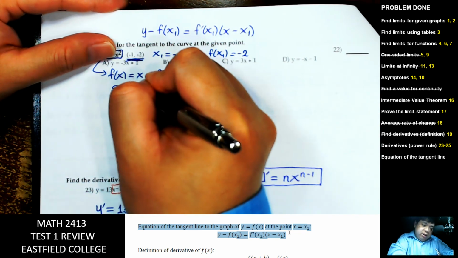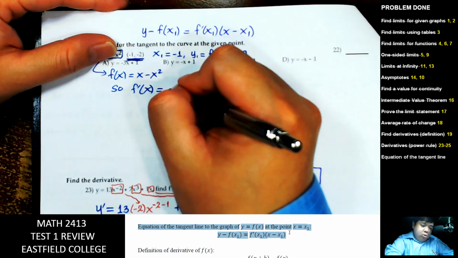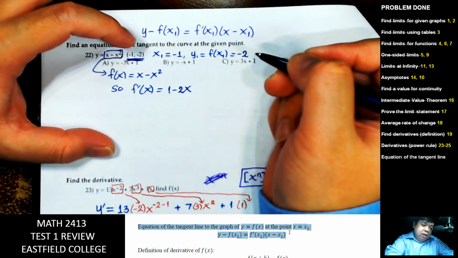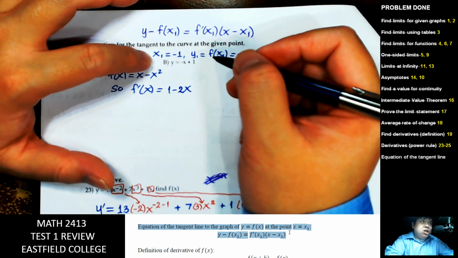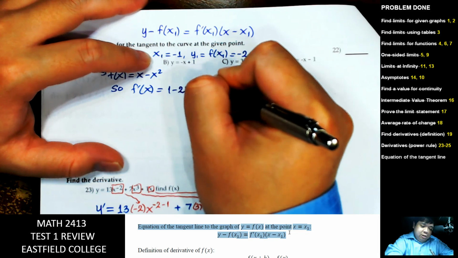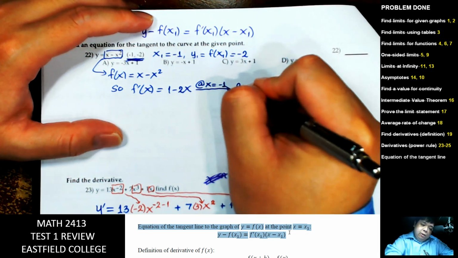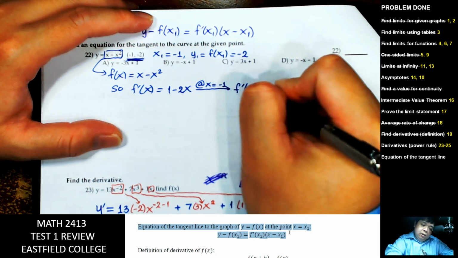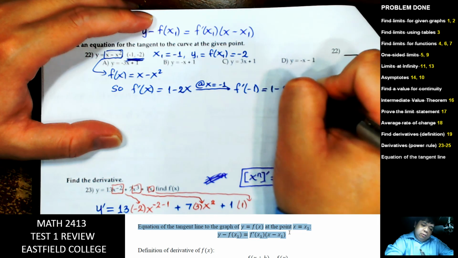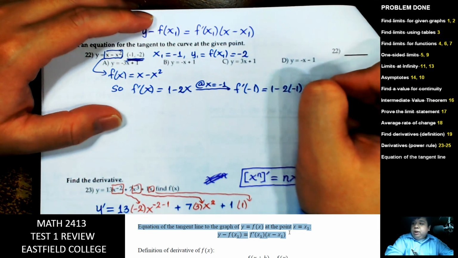So the derivative, by the power rule, will be just 1 minus 2x, and then we evaluate at x equal to negative 1. So it's going to be 3.